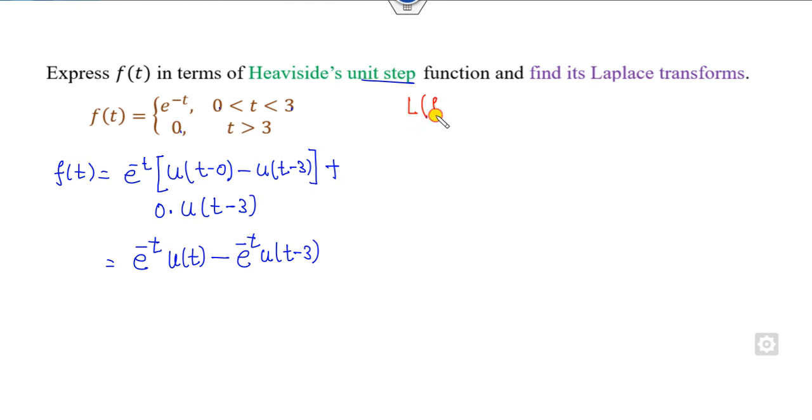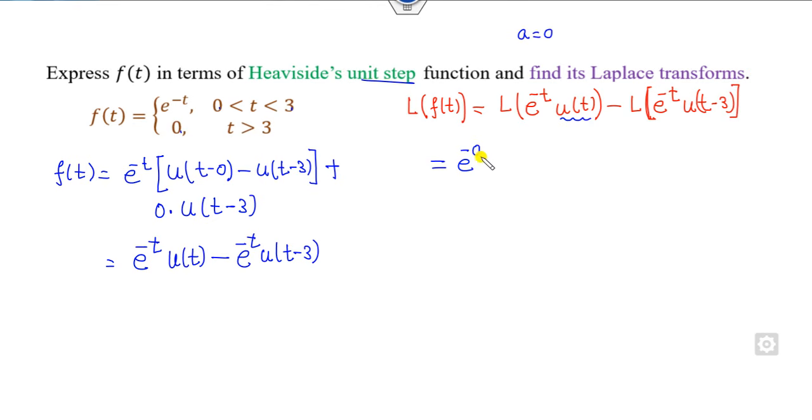Now your target is to find the Laplace transform. So I can take the Laplace on these terms. So Laplace of u of t minus Laplace of e raised to power minus t u of t minus 3. Now again, what is the a in this case? a is 0, so I can write this as e raised to power minus 0s.